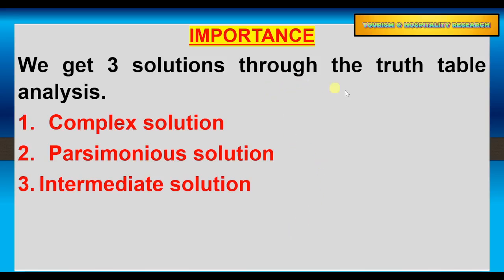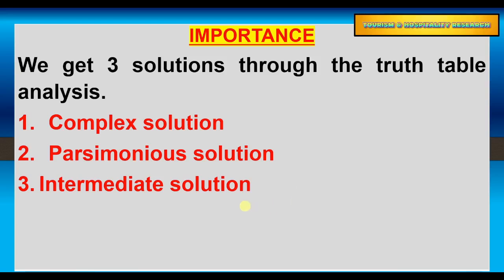We get three solutions to the truth table analysis. The first is the complex solution, which includes all the possible configurations leading to the outcome. The second is the parsimonious solution, which is a simplified version of the complex solution and includes those configurations which cannot be left out.